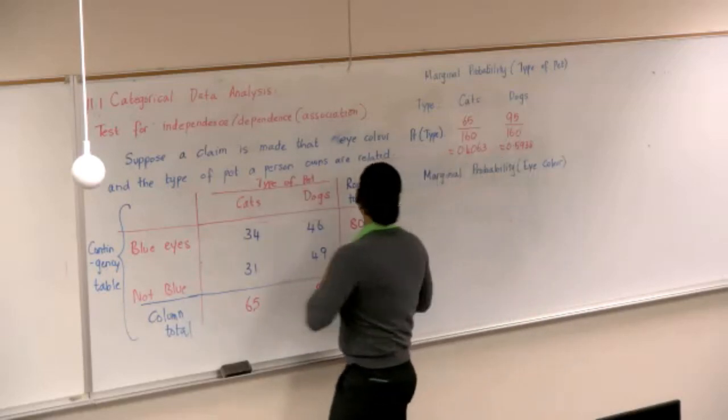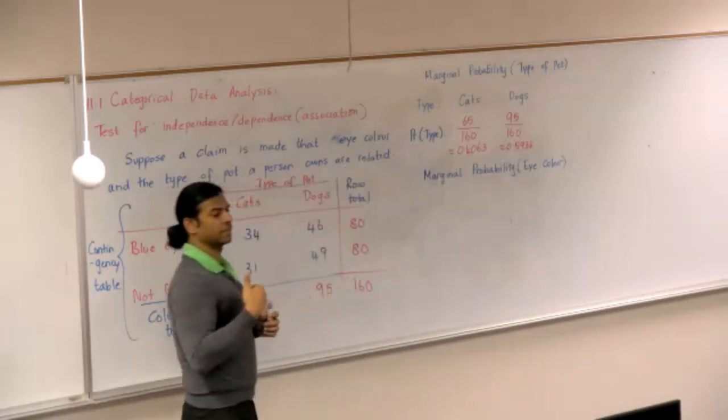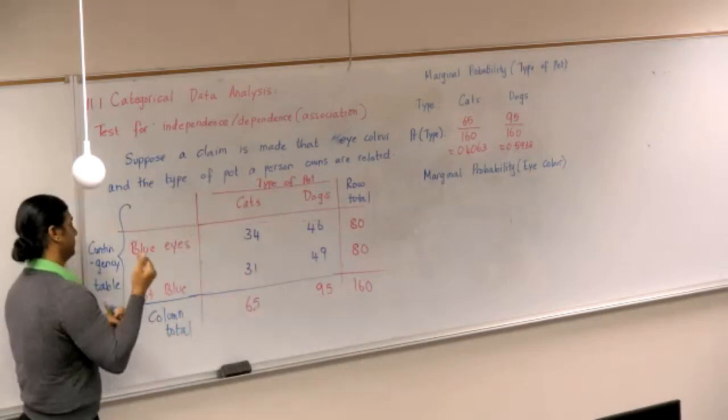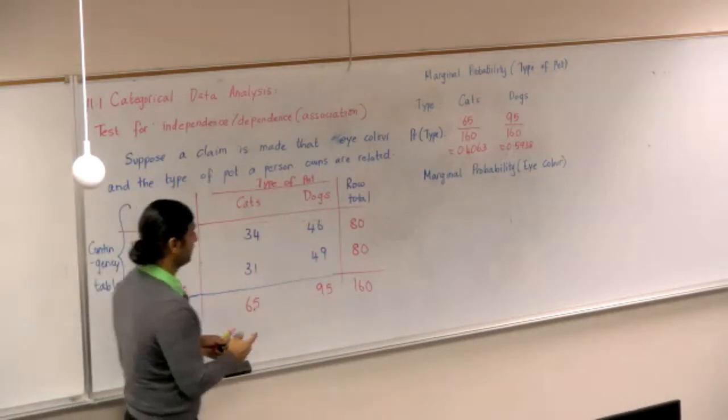for the eye color column. What are the two levels we have? We have blue eyes and not blue.